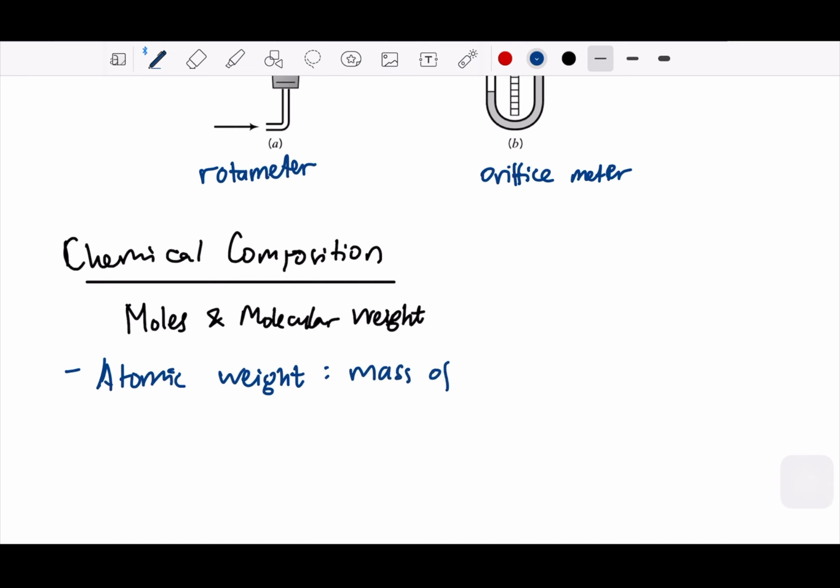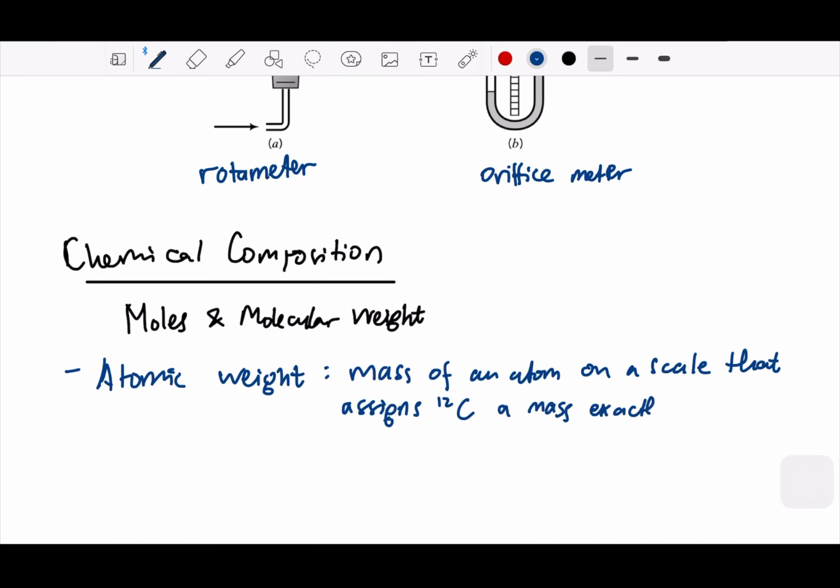Mass of an atom on a scale that assigns the isotope of carbon a mass of exactly 12.